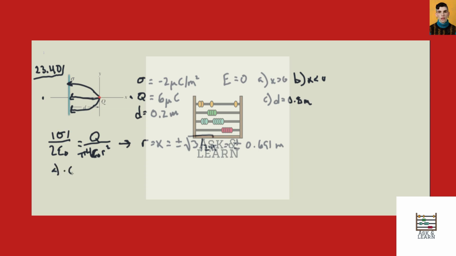So we get positive 0.691 and negative 0.691 meters.